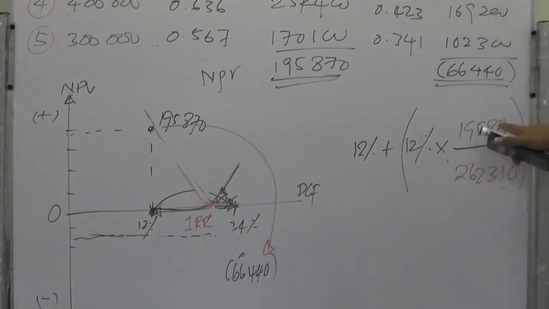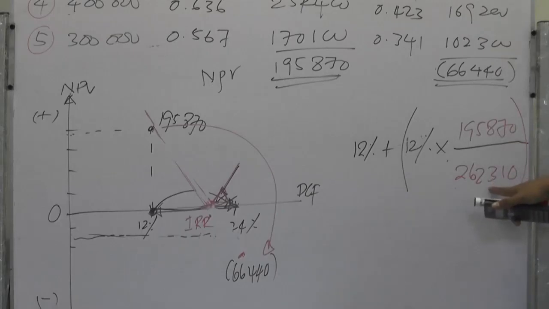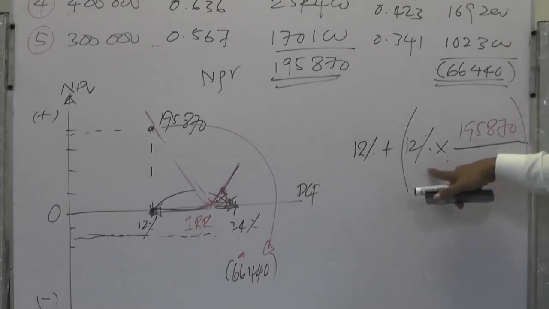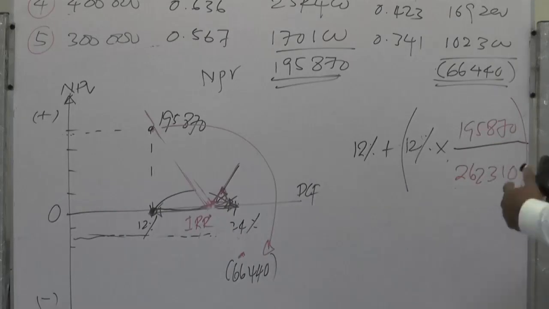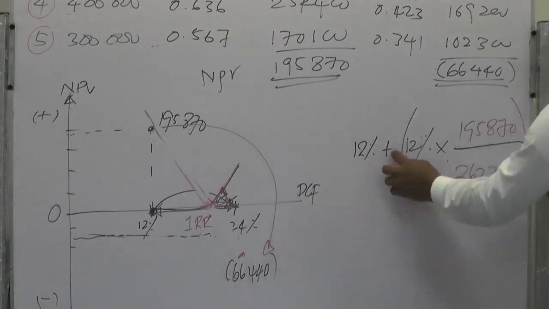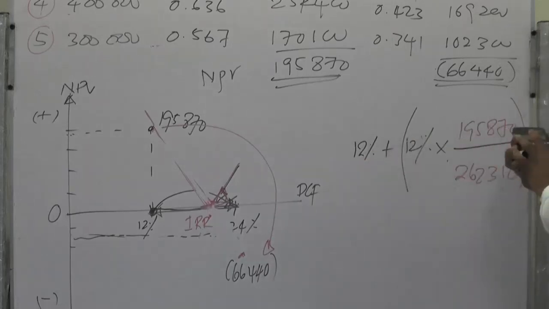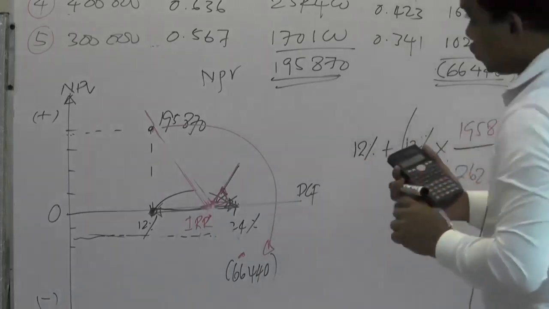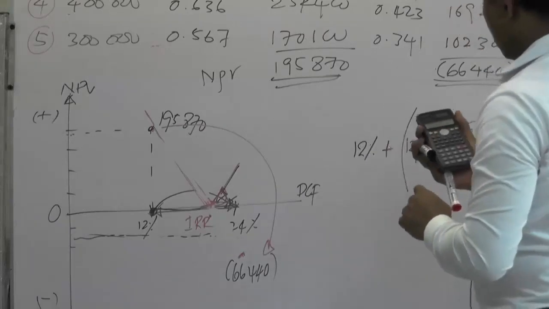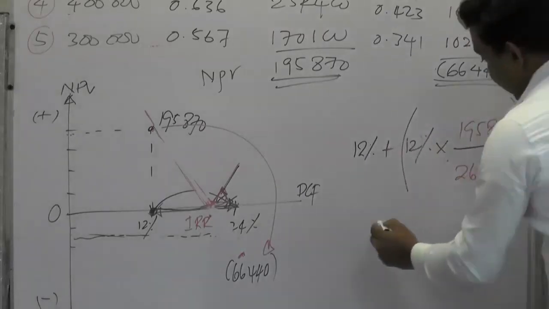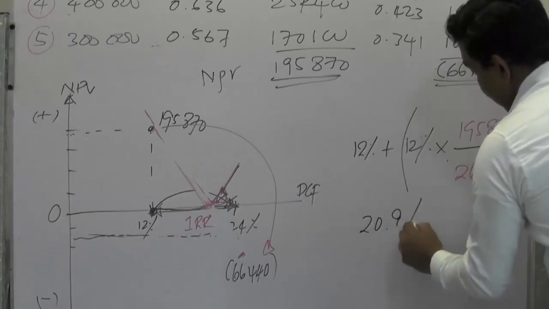If 195,870 out of 262,310, how much out of 12? Let's solve this. 195,870 divided by 262,310 multiplied by 12 plus this 12. Therefore, the rate would be 21 or 20.9. Here we have the rate 20.9.